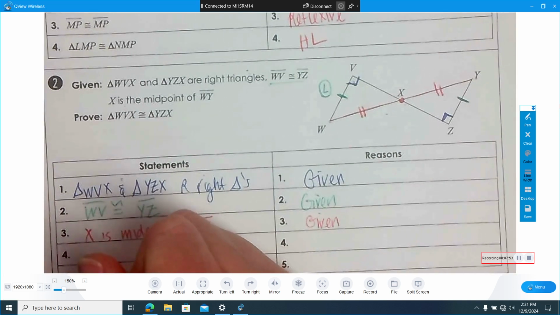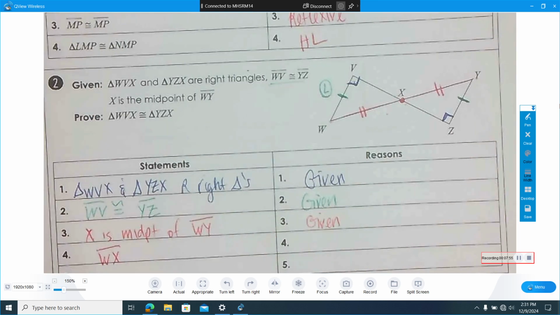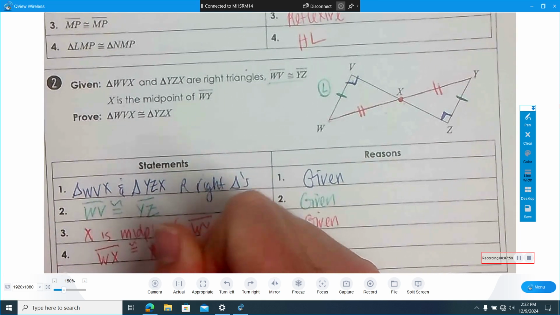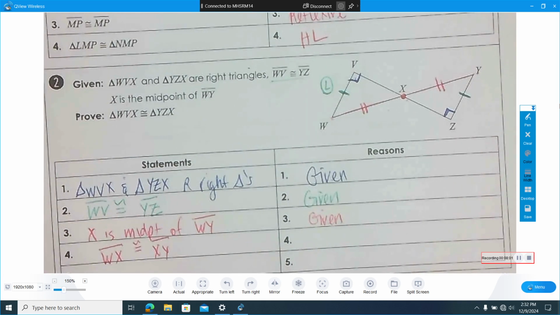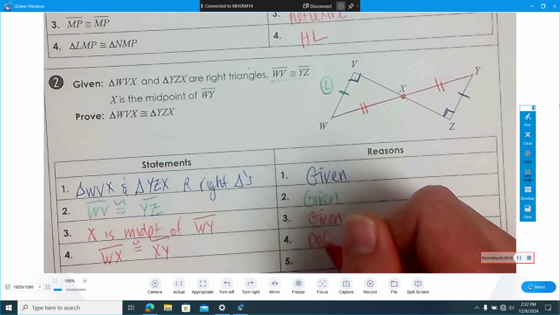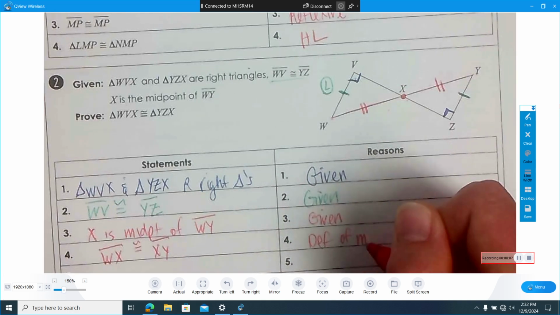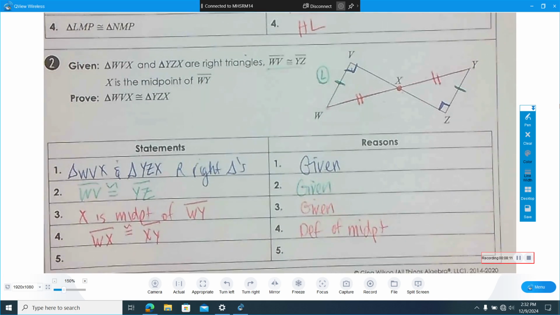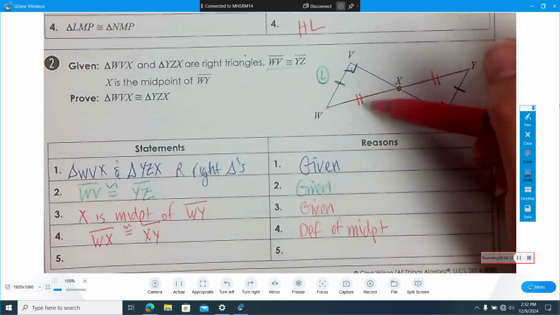So we're going to write that out. Segment WX is congruent to segment XY. How do we know that? Definition of midpoint. All right. What would you call that? Do they have a special name?